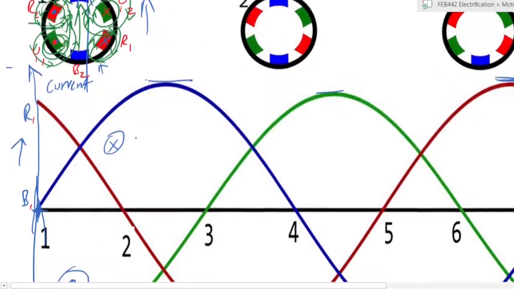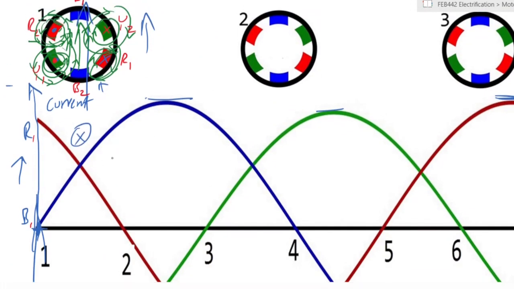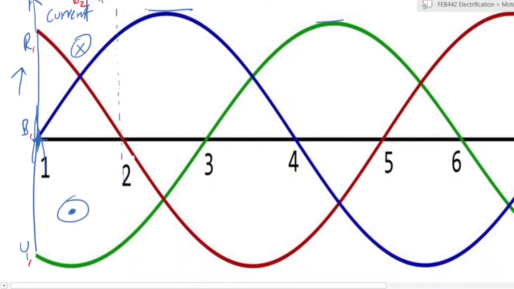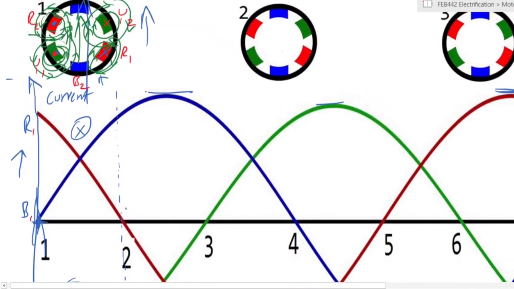Now let's look at time 2, right? Time t equals 2. At time t equals 2, you have your currents looking like that, okay? So your red, blue, and yellow at that particular instant look like that. What does your red look like?